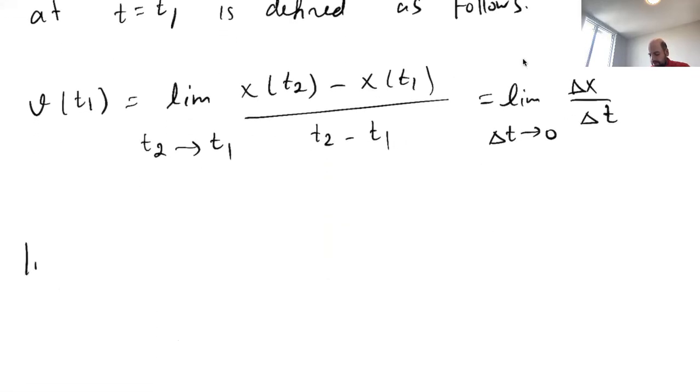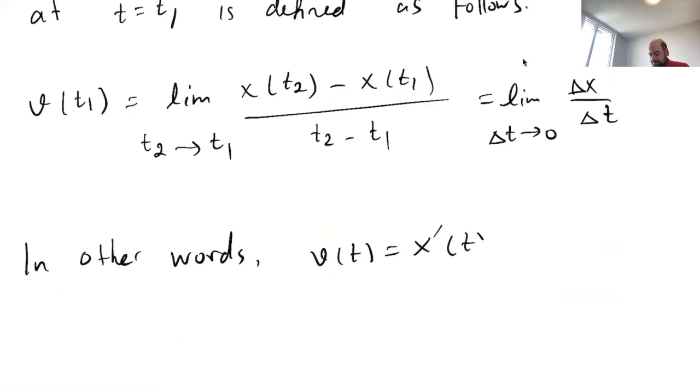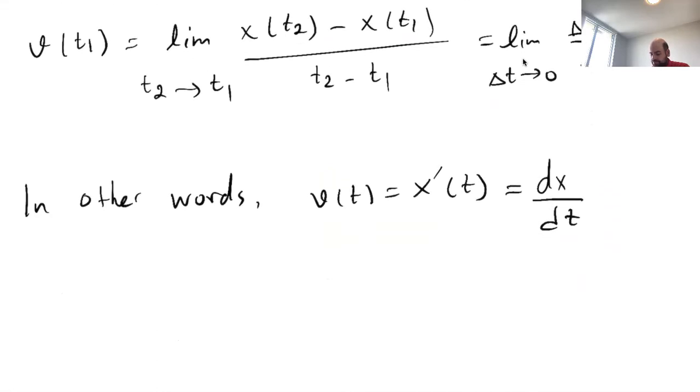So in other words, v of t is equal to x prime of t, or dx over dt. Okay, so this is for velocity.